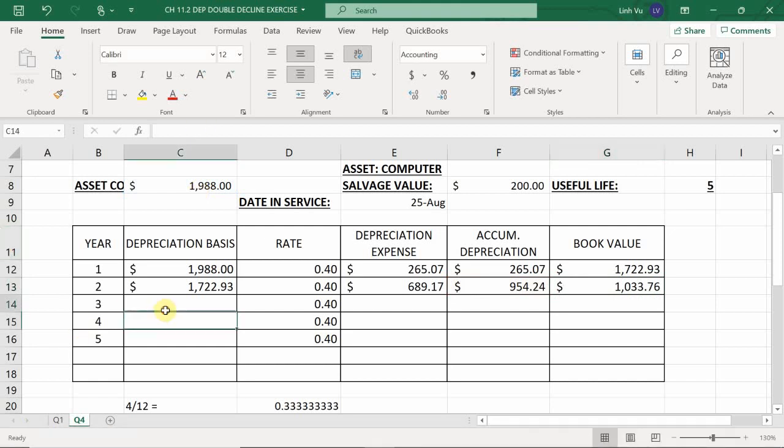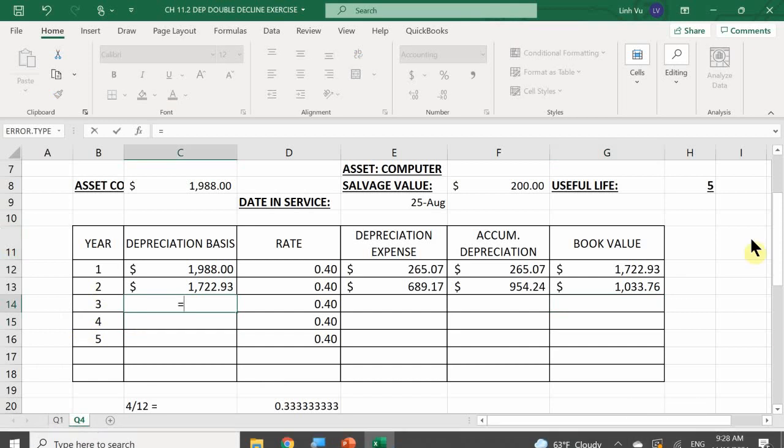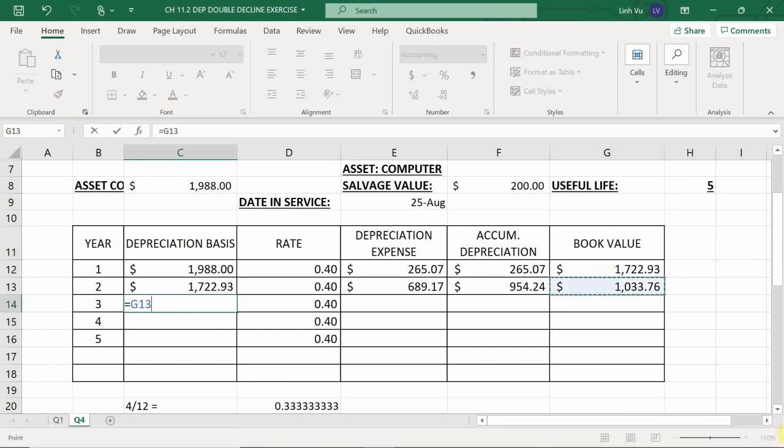All right, which then becomes my depreciation basis for year 3.